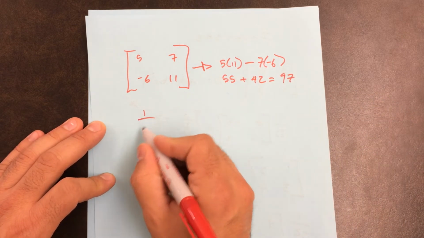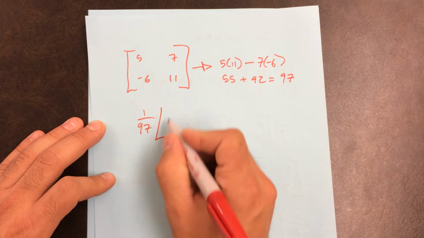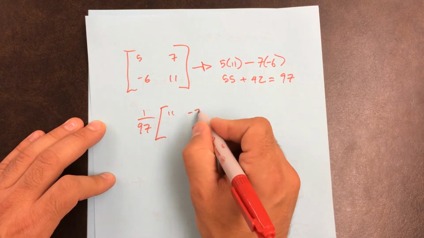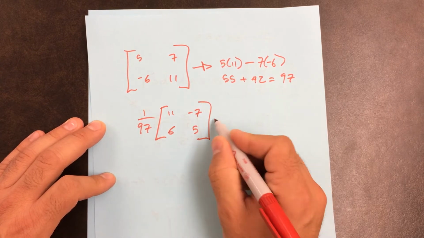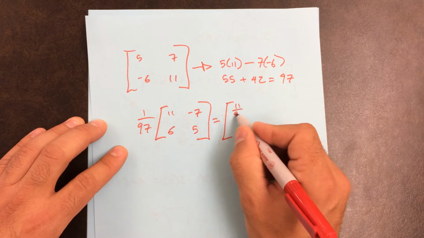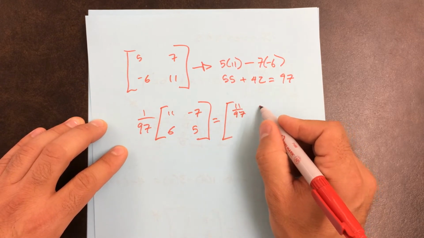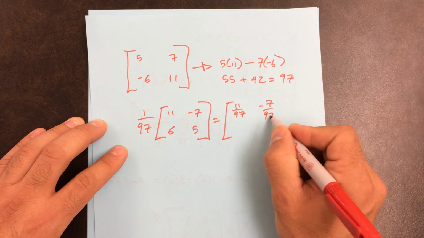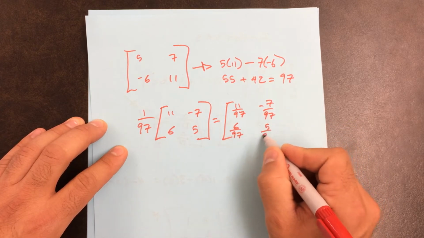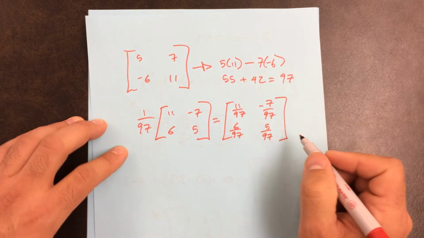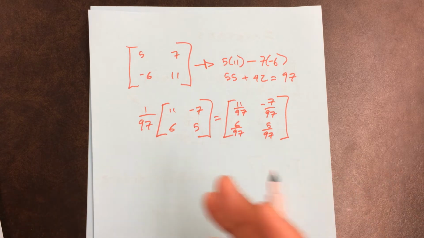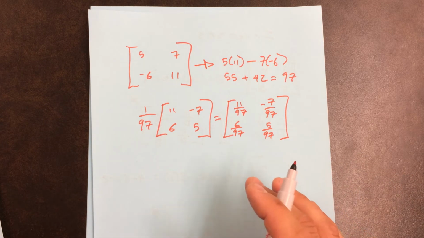So I'm going to do 1 over 97 times, these switch positions, these switch signs. And then I want to distribute, so I'm going to have 11 over 97, negative 7 over 97, 6 over 97, and 5 over 97. I'm pretty sure I can't simplify any of those fractions, so that's my answer. And that's really all you're doing on inverses, okay?